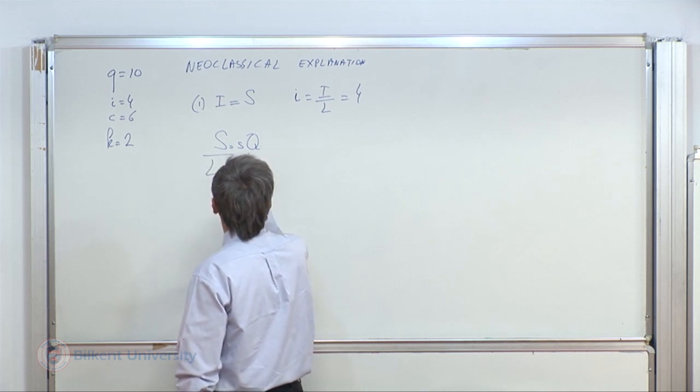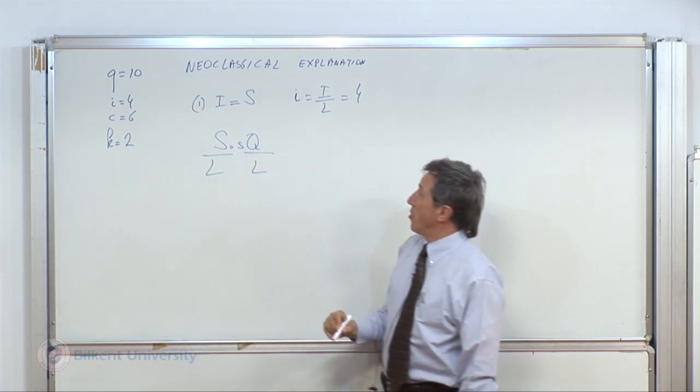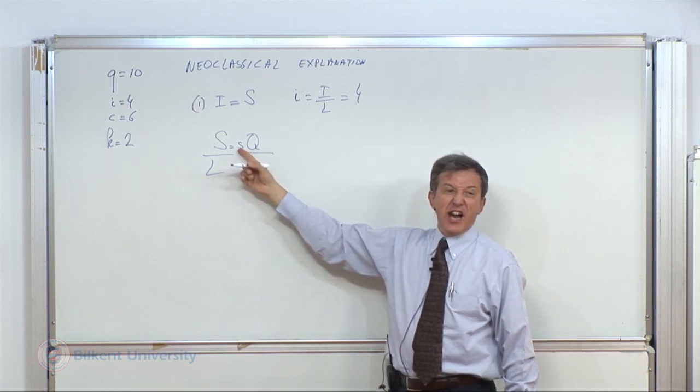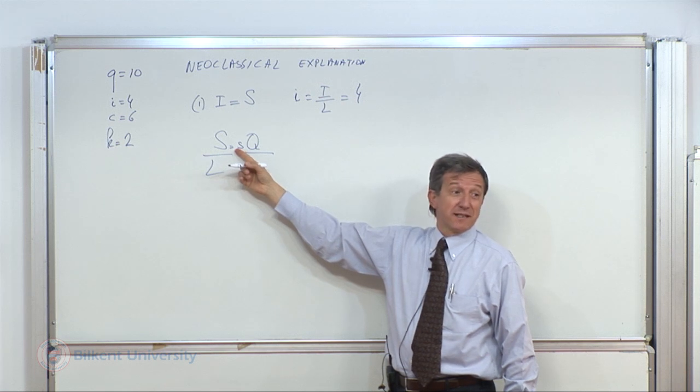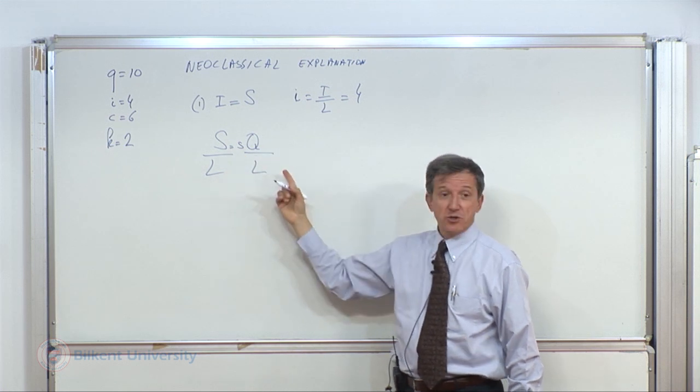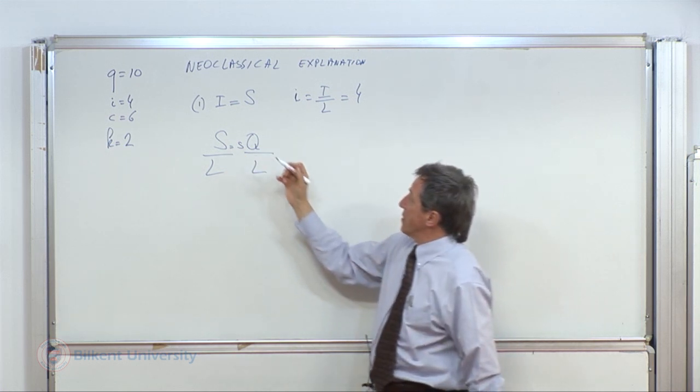or let me write this way. Savings per labor is saving rate out of output. It's not saving labor ratio. It's saving rate out of output. And I divide both sides, so I make output per labor.